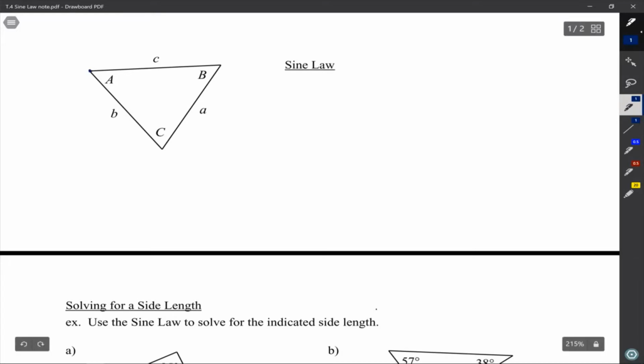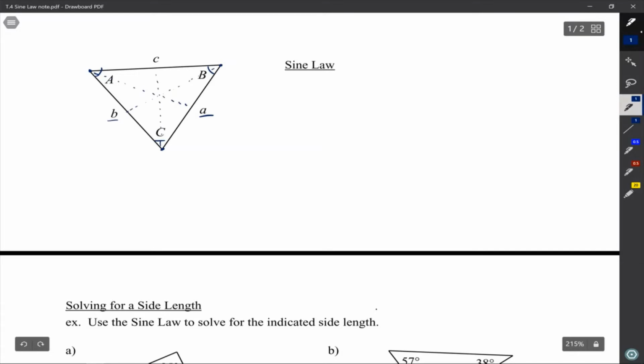So this is point A, capital A. This is point capital B, and point capital C. So those are the angles, the interior angles: angle B, angle A, and angle C. The way we will label these triangles, and again, note they're not right angle triangles this time: if we go across from angle B, we see side B, side of length B. Same thing for A. Go across from angle A, we see side A. And note that these are lowercase letters.